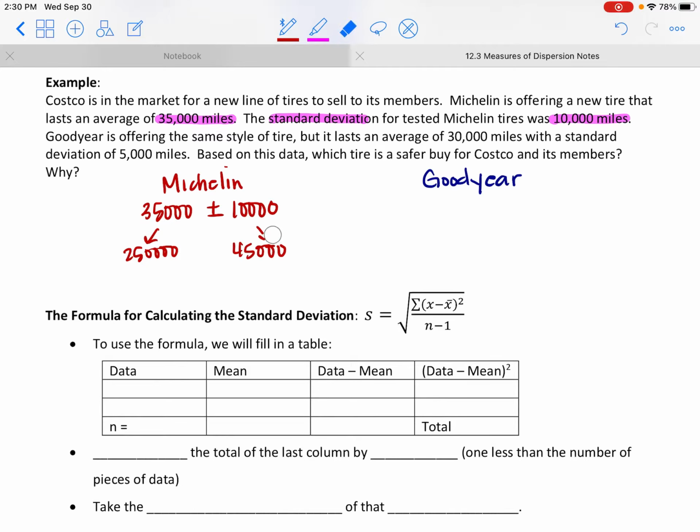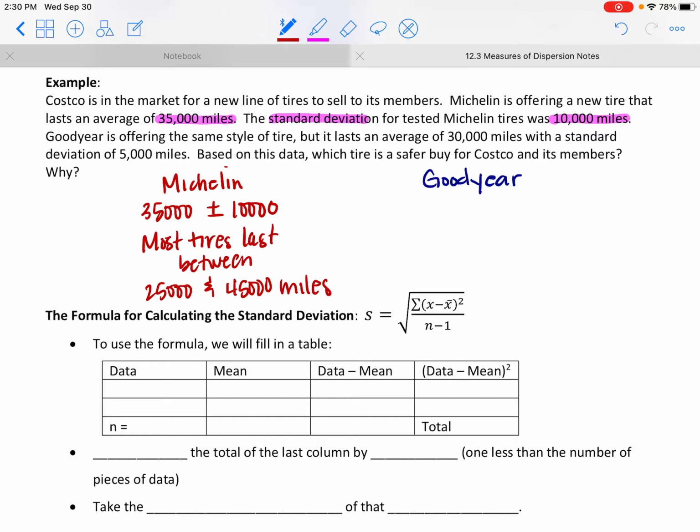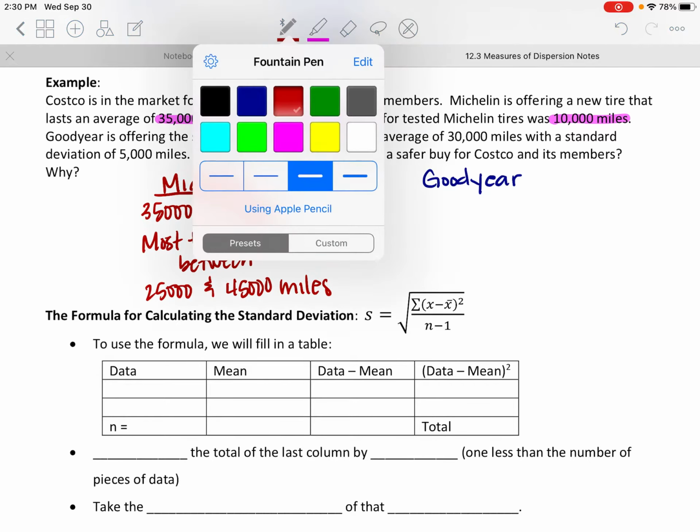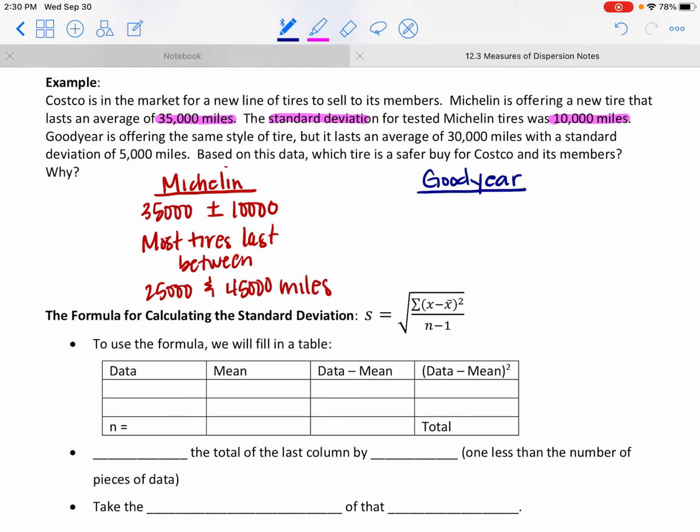I just don't like how I'm organizing this here. I'm sorry. So most tires last between 25,000 and 45,000 miles.